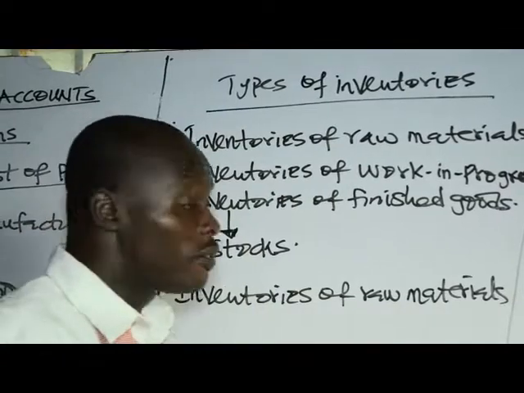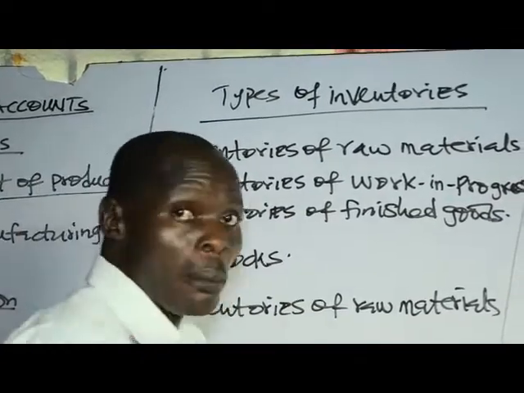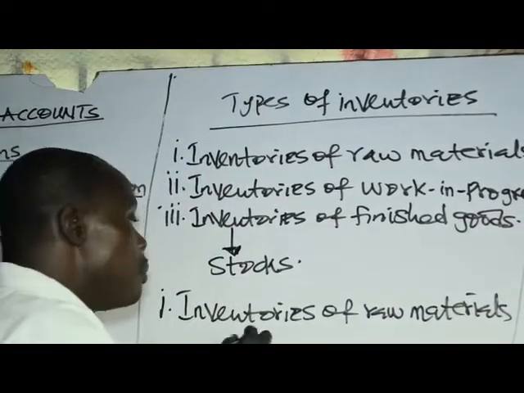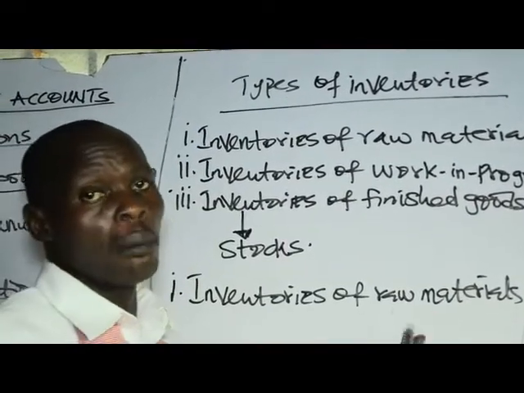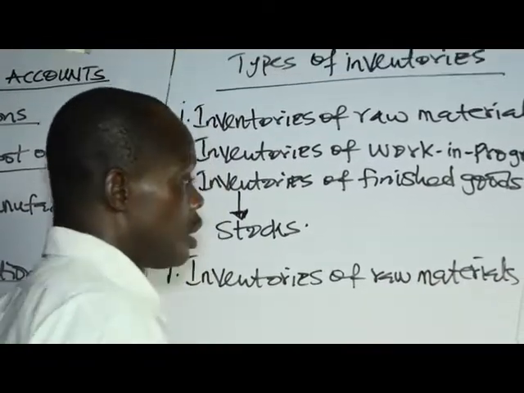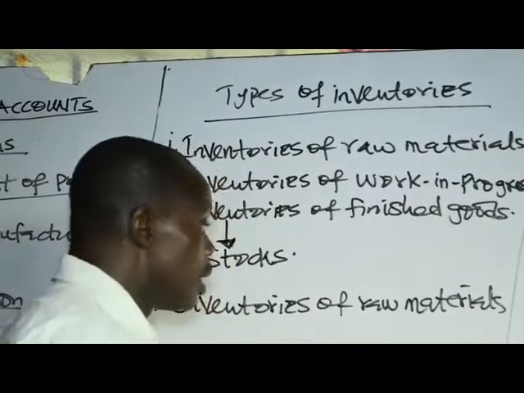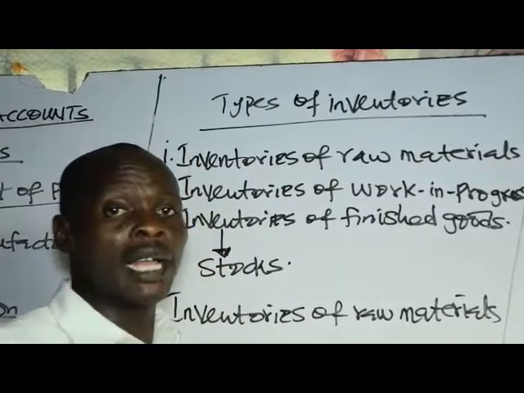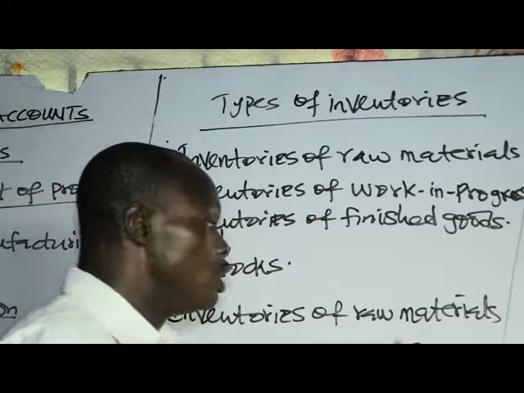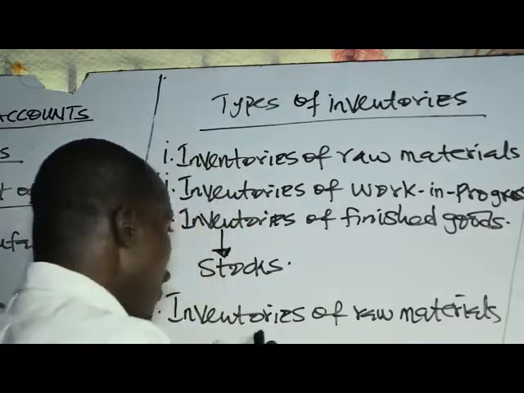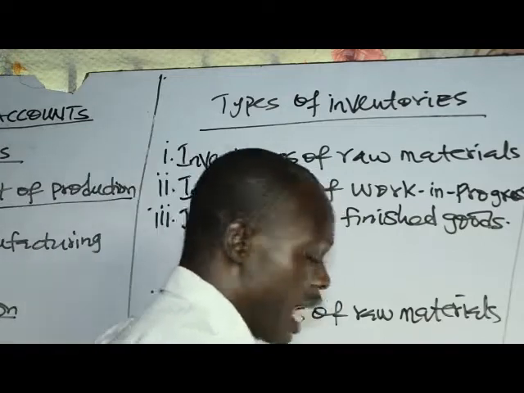Example, for a Bonvita manufacturing company, their major raw material will be cocoa, because cocoa will be used in the production of Bonvita. For a bread baking company, their major raw material will be flour, because flour will be used in the production of bread.